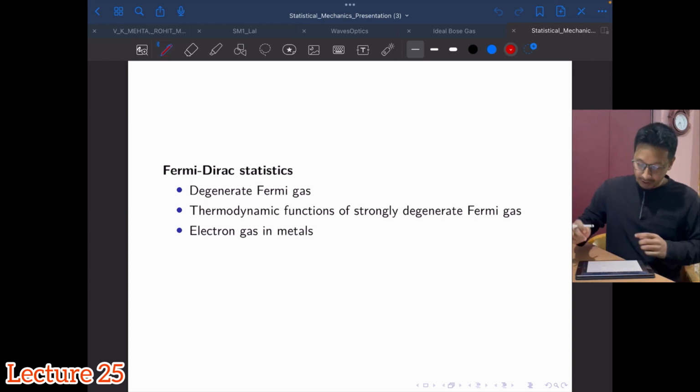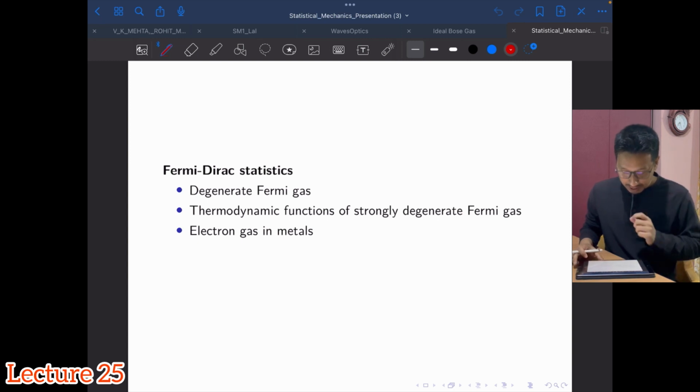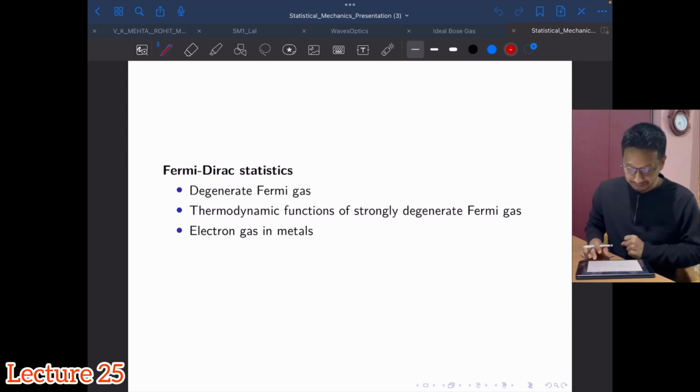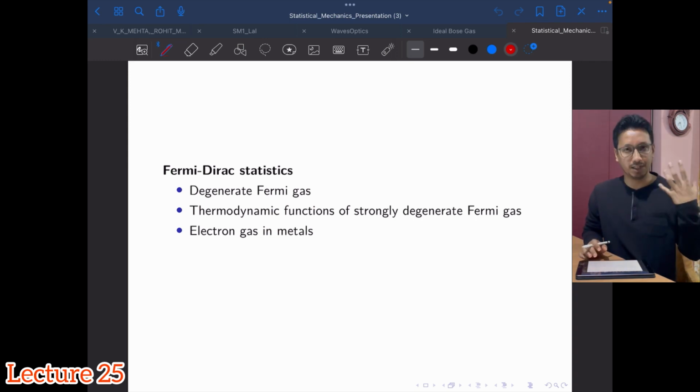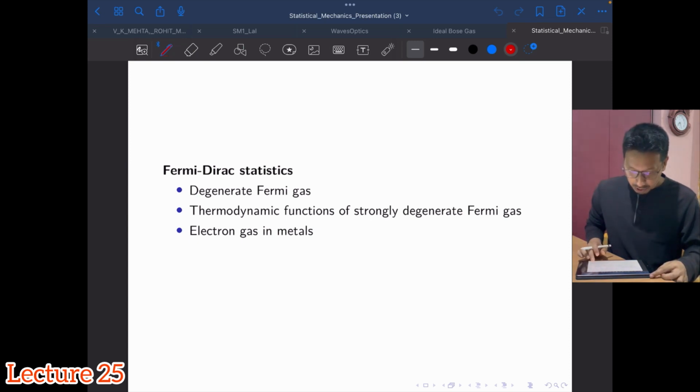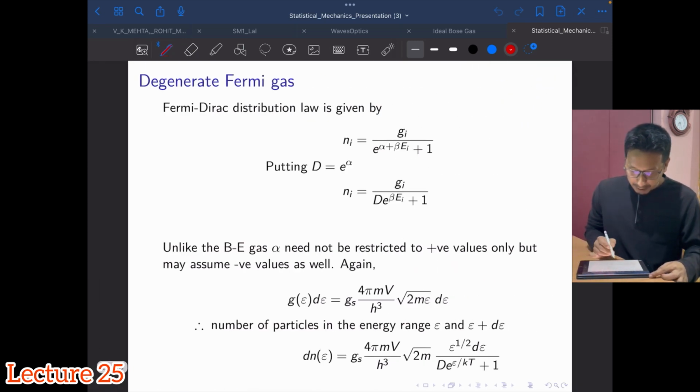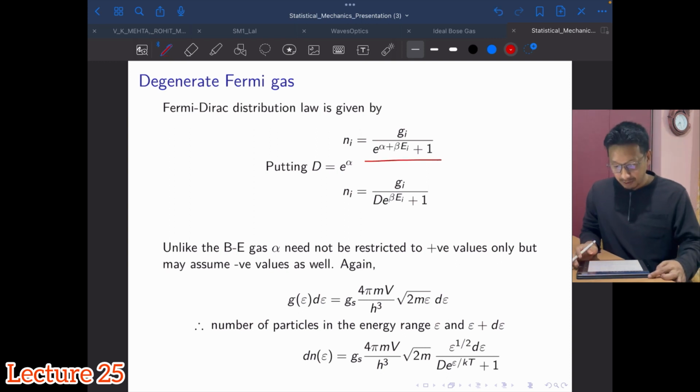Okay, so let's start with degeneracy in Fermi gas, and I hope you all know what degeneracy is by now. There is a deviation of the gas from the ideal gas. As you all know, the Fermi-Dirac distribution law is given by this particular formula, where n gives you the number of fermions, right?